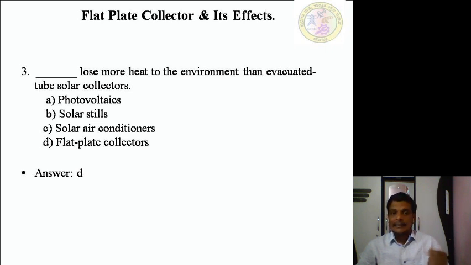Here D is the correct answer. A flat plate collector loses more heat to the environment because it has a larger area. Correct or not? Then we move to the next.